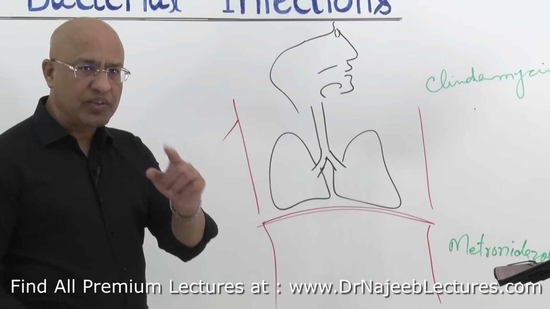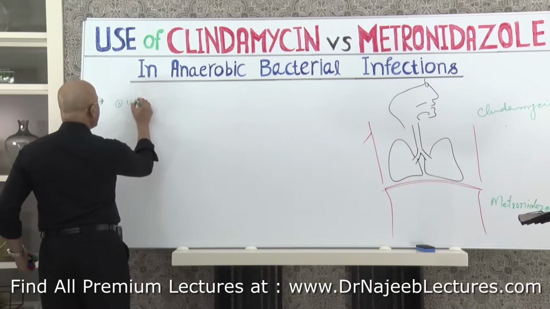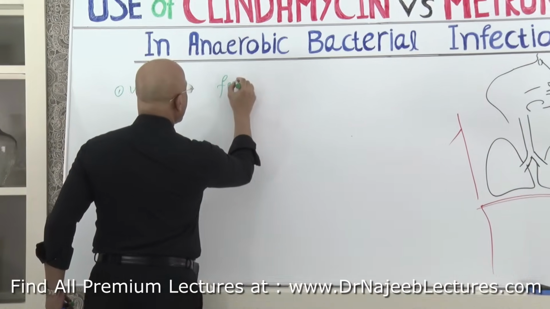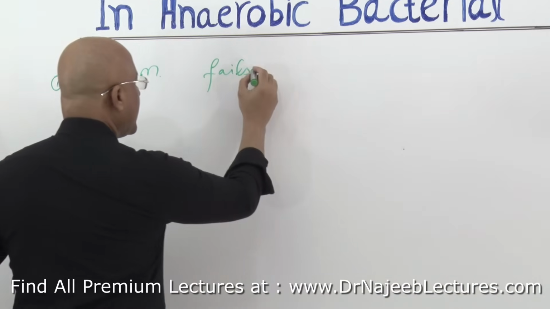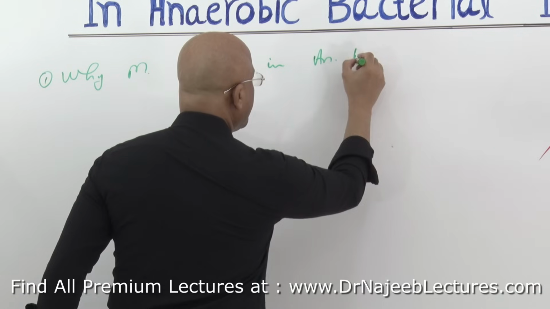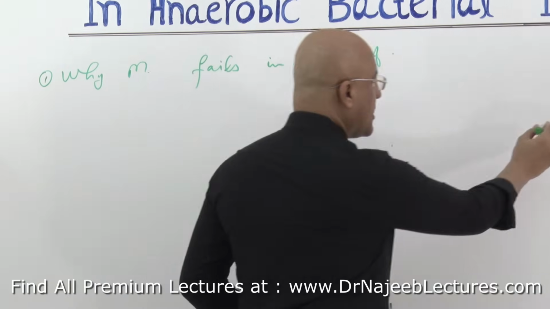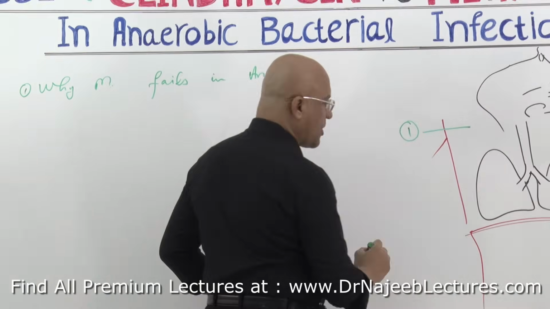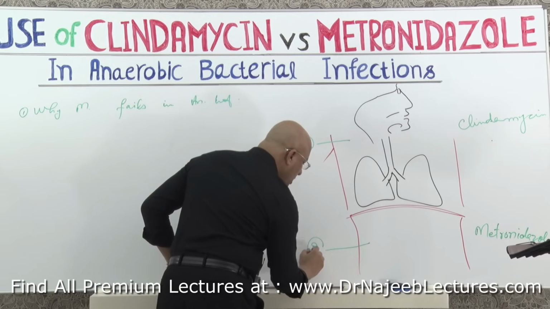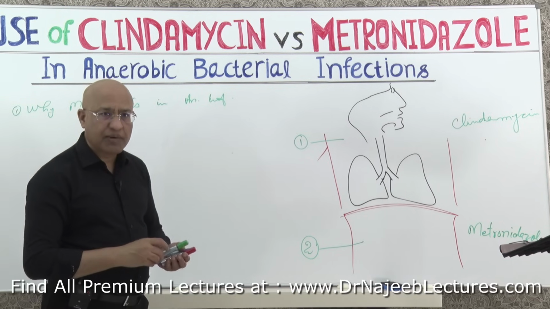Why does metronidazole fail in anaerobic infections above the diaphragm? Question 2: why is metronidazole more successful in anaerobic infections below the diaphragm?